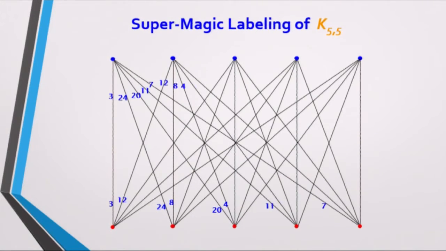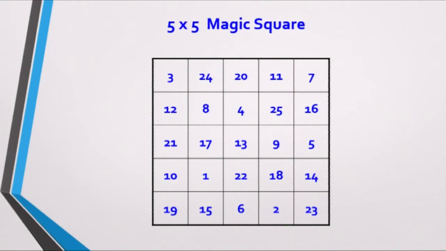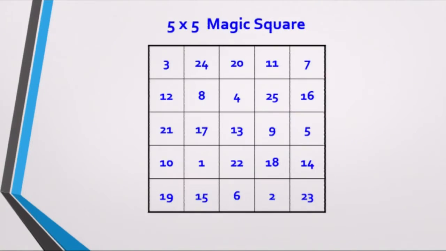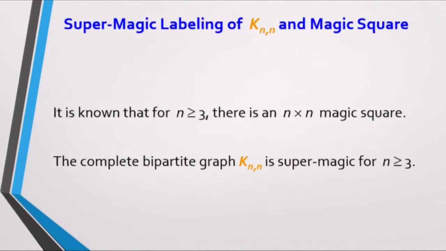Second row, and the sum is equal to 65. In this case, the sums of the rows and the columns are all 65.